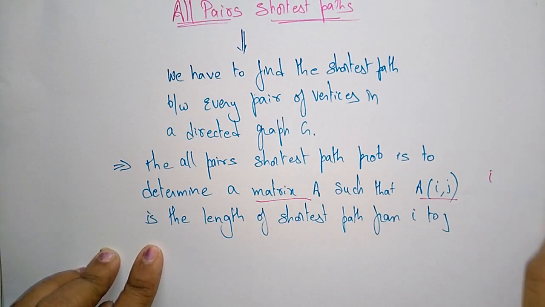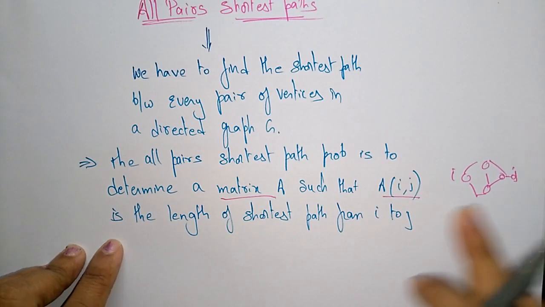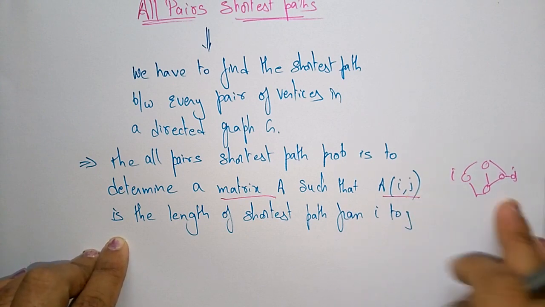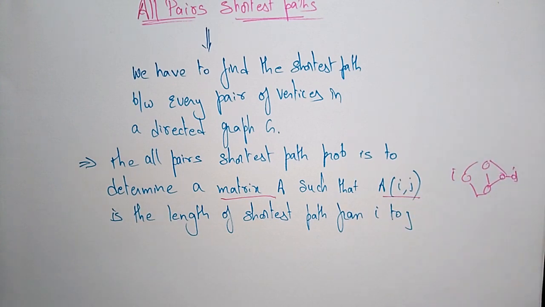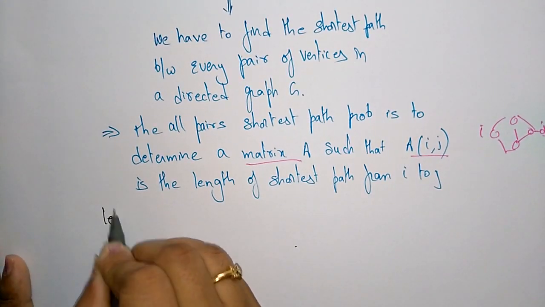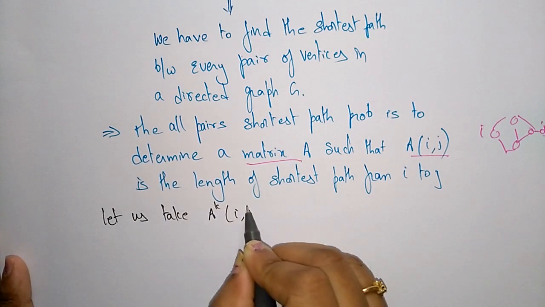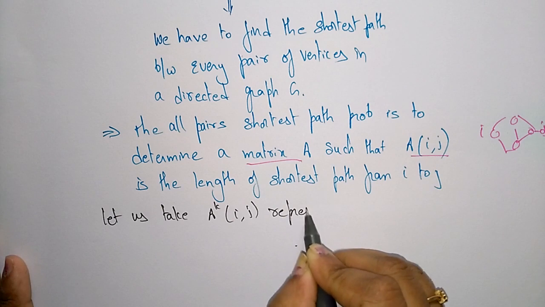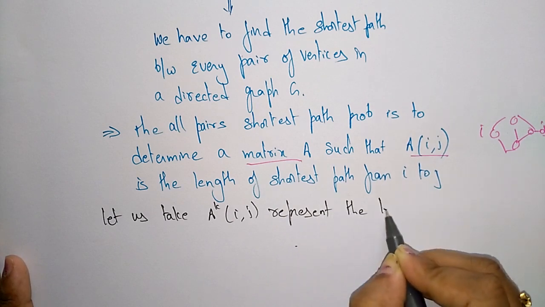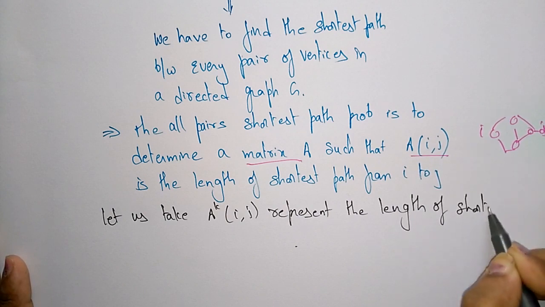So in between i to j there are different nodes present. Okay. So finally we have to find out a path from i to j, that is, the length of the shortest path we have to find from i to j by visiting all the vertices. So let us take A of k i comma j to represent the length of shortest path.